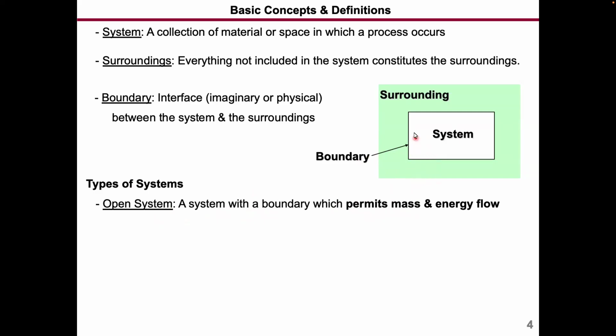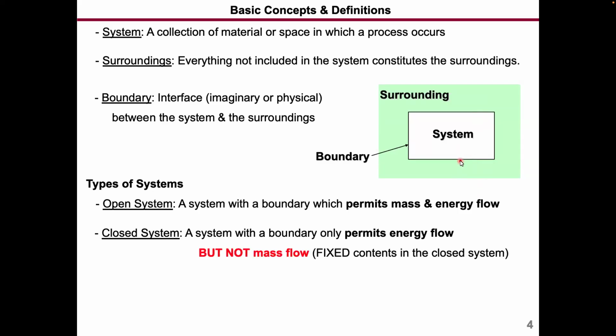So if you say this system is open, you can have energy or heat flow into the system or out of the system. And you can also have mass transfer, so you have different mass flow between the system and the surroundings.